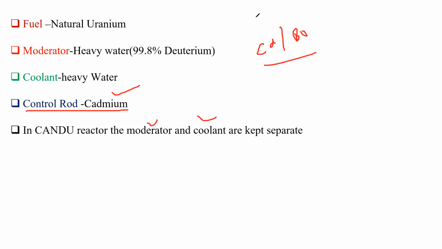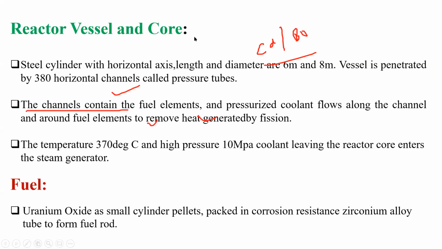Now the next point is the specialty about the reactor vessel. It is quite different with respect to other reactor vessels. As I told you, in this reactor we use different types of tubes, pressure tubes.